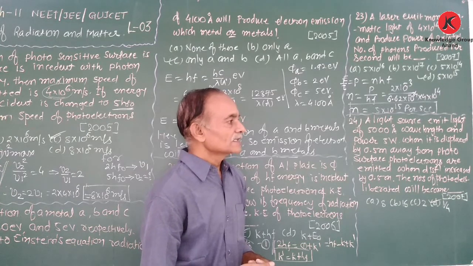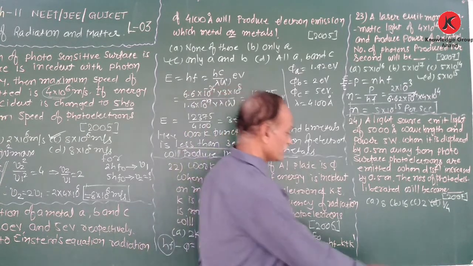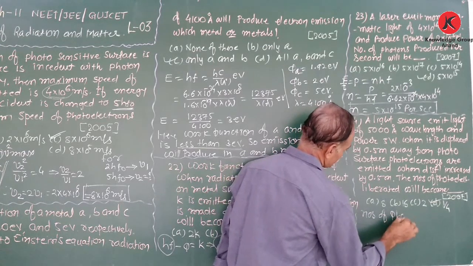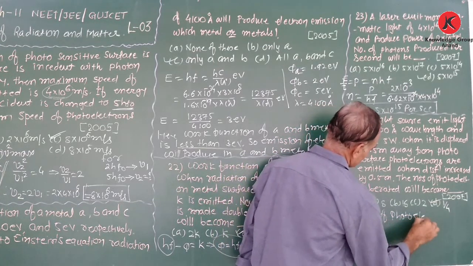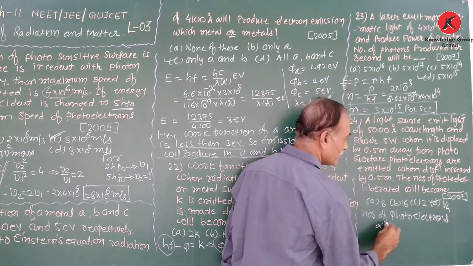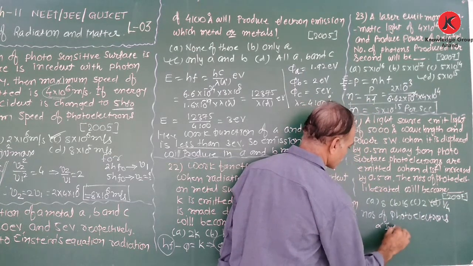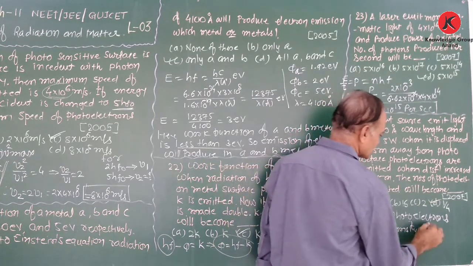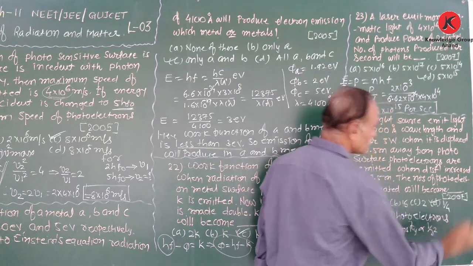Now listen, the number of photoelectrons emitted is directly proportional to the intensity of incident light, and this intensity is directly proportional to 1 upon r square.